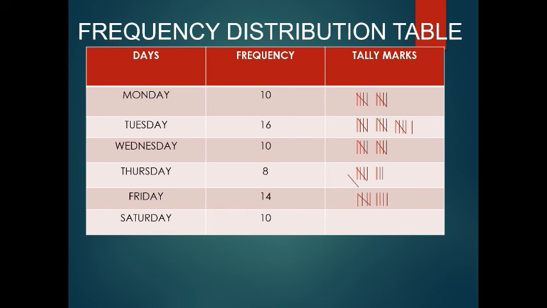And then we will be making 4 single lines. Again, these lines will not cut. Why these lines will not cut? Because the 5th line is not there. There are 14 fans. In the same way for Saturday, we have made 2 bunches. Yes. Like this, the tally marks have to be made in the frequency distribution table.